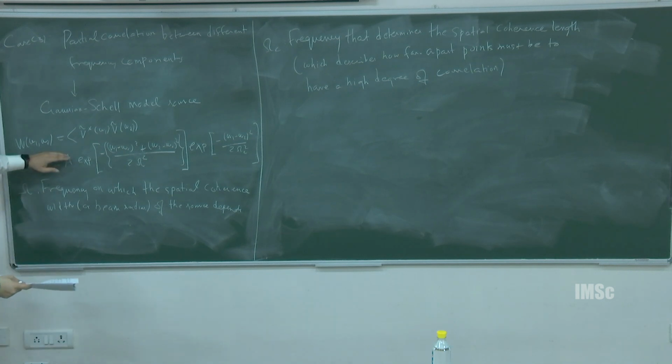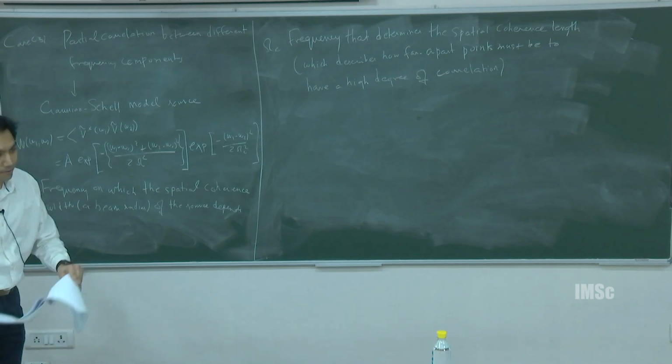So this is the general form of the cross-spectral density of a Gaussian shell model source.